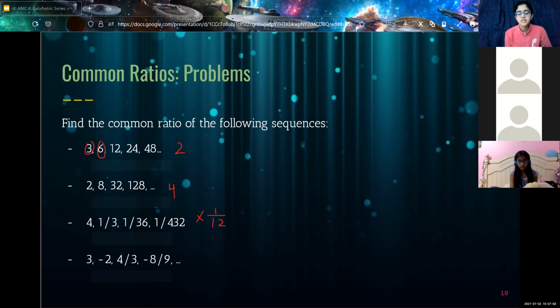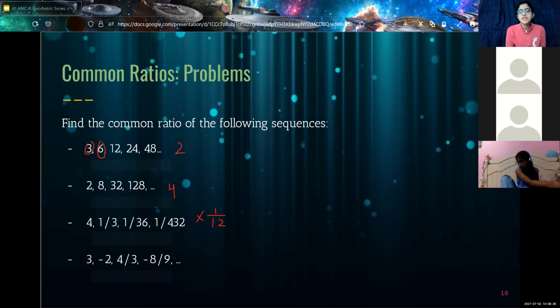In the chat or unmute, please say what the common ratio of the sequence is. Okay, so I called on someone. I don't know if you all could hear me when I called on that person, but Samyukta, can you please unmute and say what the common ratio is? Okay, so I'm assuming you're not there then.